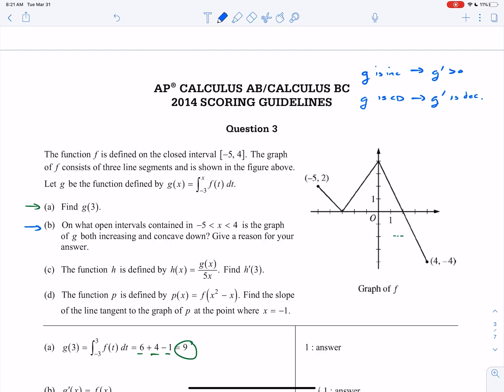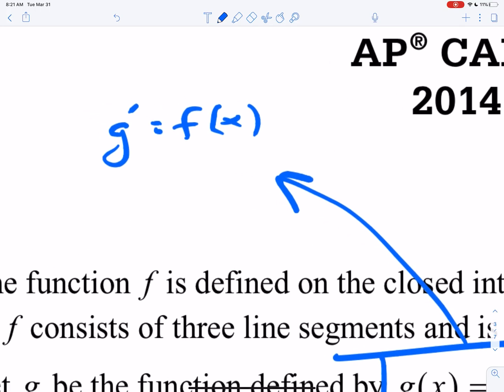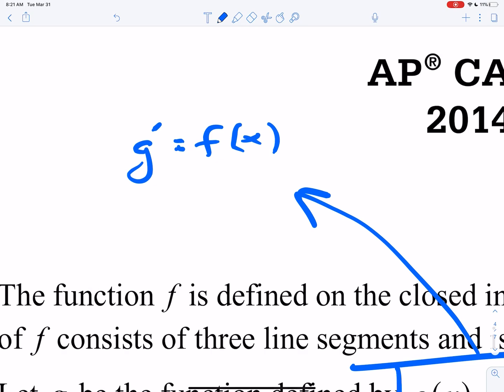So a few things that you need to do. g of x is the integral of f. So the derivative of g is the derivative of that integral. And the derivative of that integral is really just going to be f of x. So take a look at the statement right here, okay? However g prime behaves, f will behave the same way. So for instance, if g prime is positive, f will also be positive, okay?